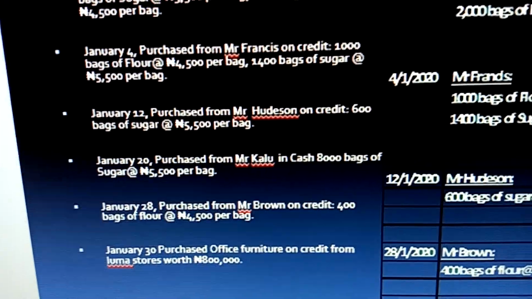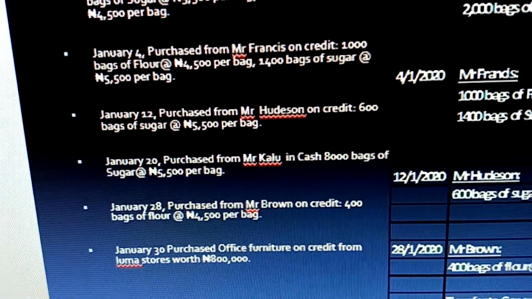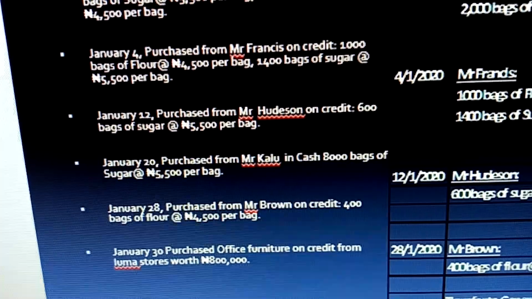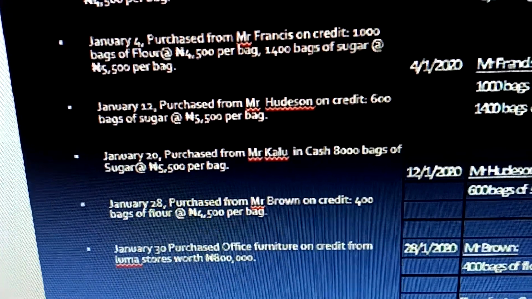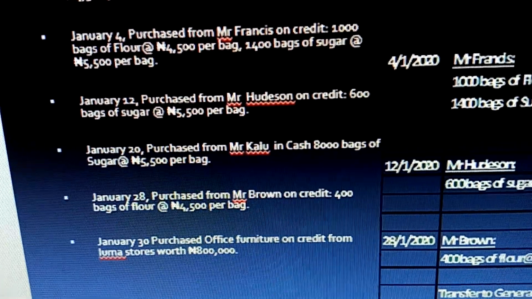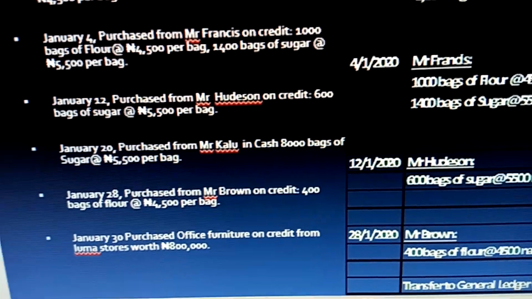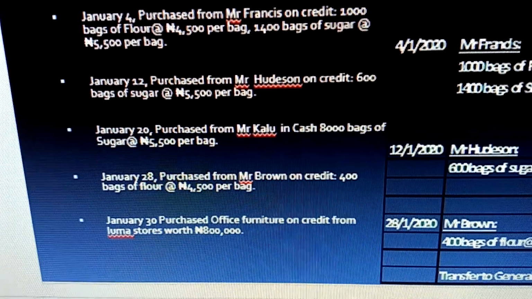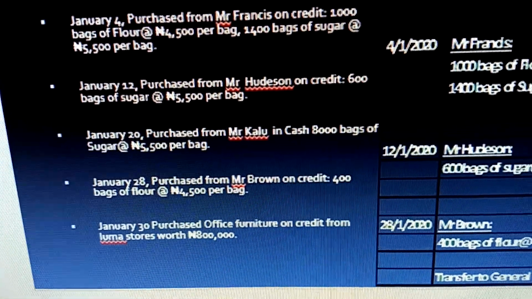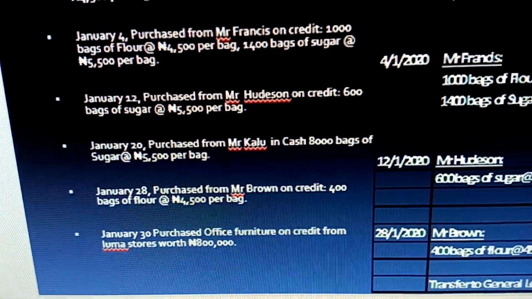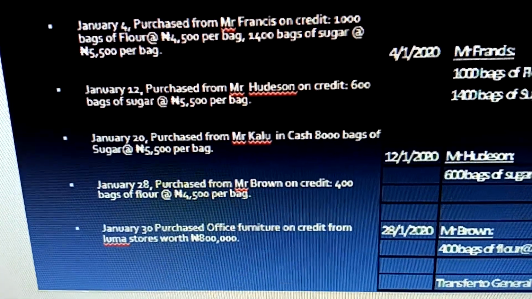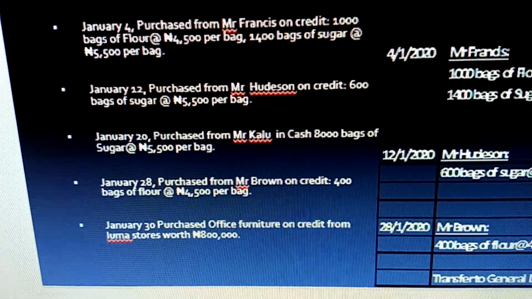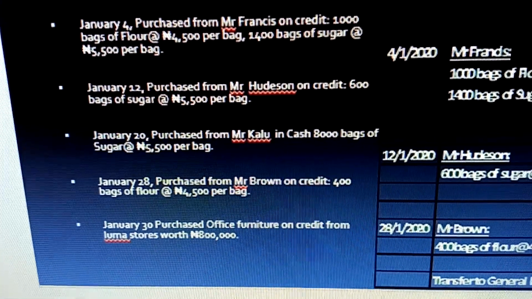The next transaction says January 20th. Purchased from Mr. Kalu in cash 8,000 bags of sugar at 5,500 naira per bag. Now that takes us back to an understanding of what the Purchases Day Book is for. Remember, it's a specific book of account, and we defined it as a book of accounts used for recording goods purchased on credit.